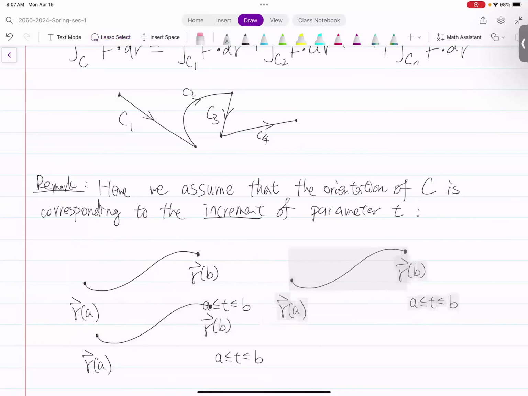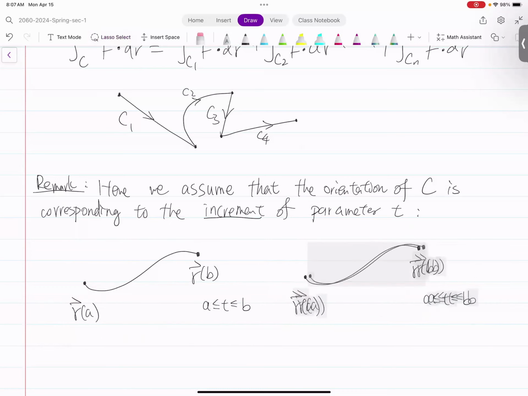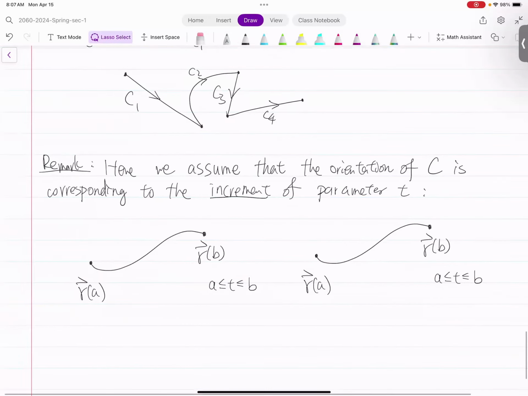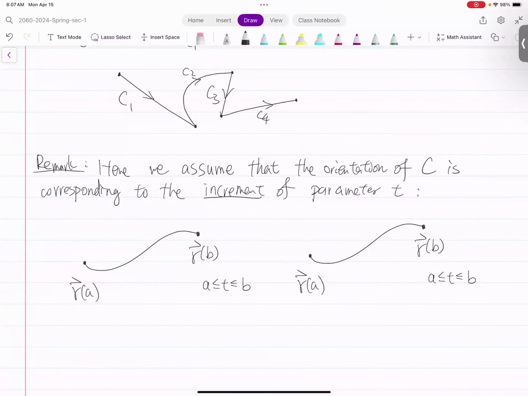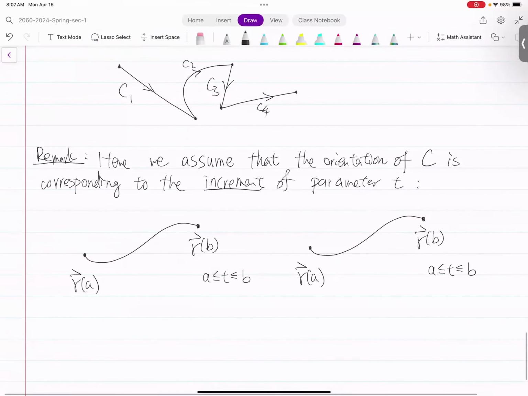But if you parameterize it a little bit differently, then essentially you can negate this direction. So if you have t equals a, it goes to t equals b, then that's going to be from r of a, that's the starting point, and the ending point is r of b. Okay, so that's this orientation, that's C.